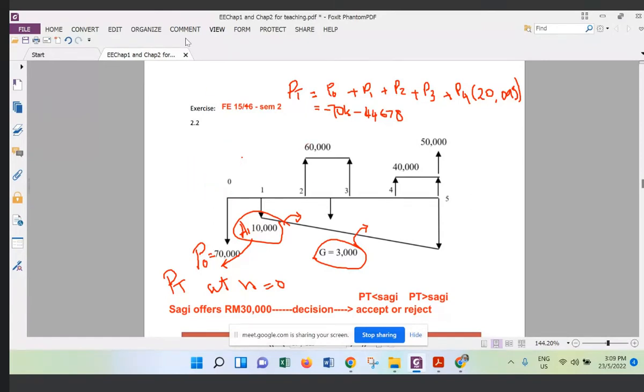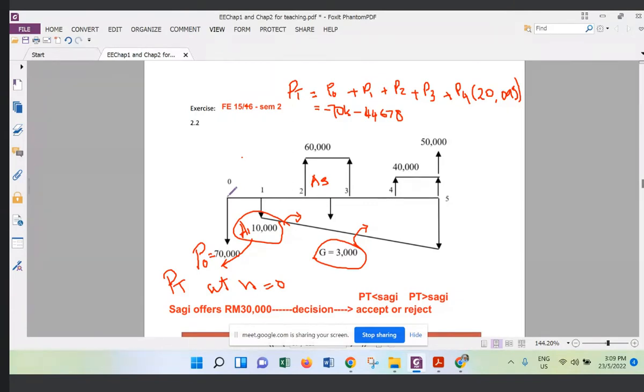Alright, so kita buat yang ni dulu. So this one is A3, okay. So this A3 that happened for the year 2 to year 3, okay. So you cannot determine present worth for A3 equals to 60,000 at n equals to 0.